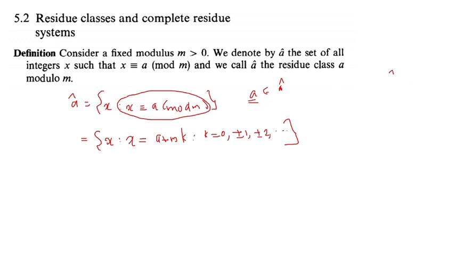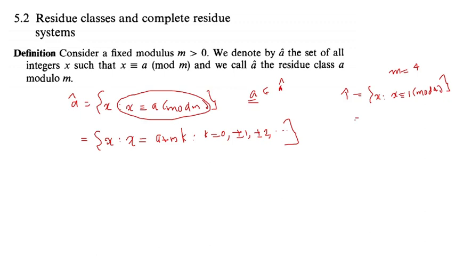So we consider M equal to 4. Then 1 cap is nothing but the collection of all those integers such that x is congruent to 1 mod 4.